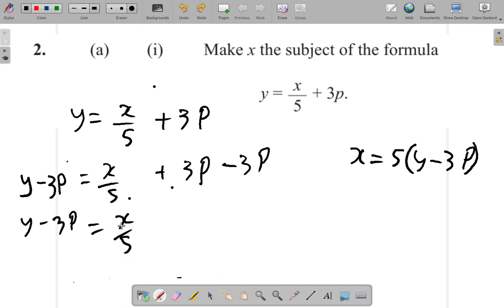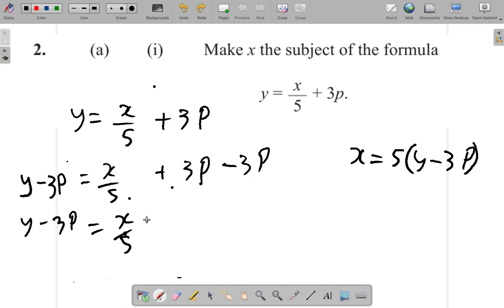Now the thing is, I want to get rid of the 5. I don't want x over 5 equals, I want x equal. The question says make x the subject of the formula. It did not say make x over 5 the subject. So I want x equal.